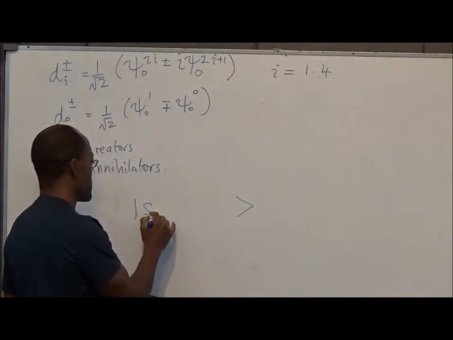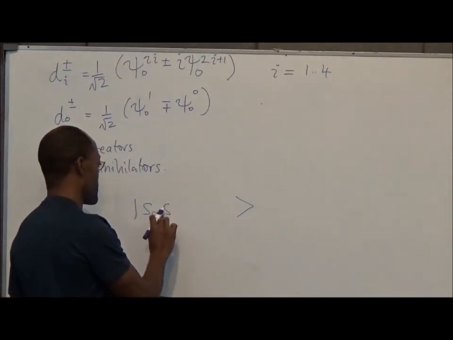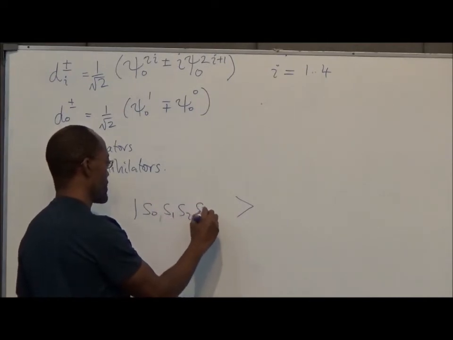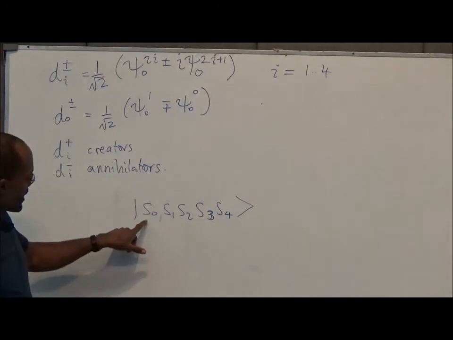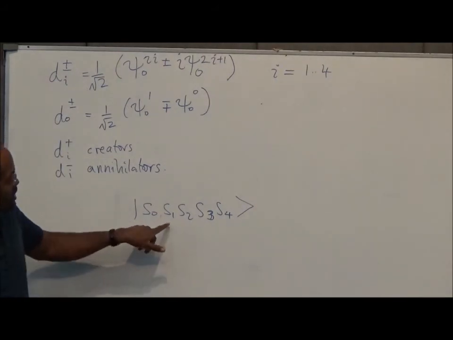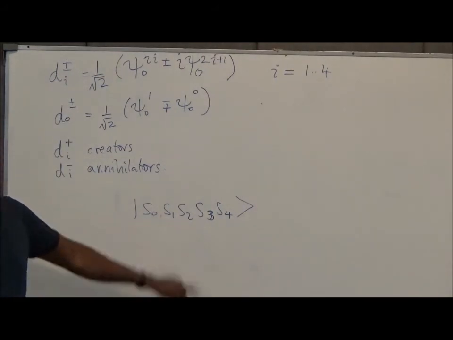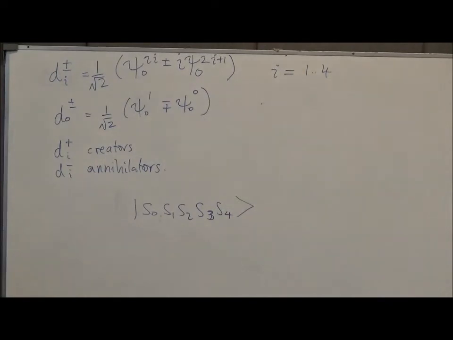So I'll have S0, S1, S2, S3, S4. So these guys are essentially, up to a normalization, the eigenstates of this operator that's counting Lorentz, space-time Lorentz properties.